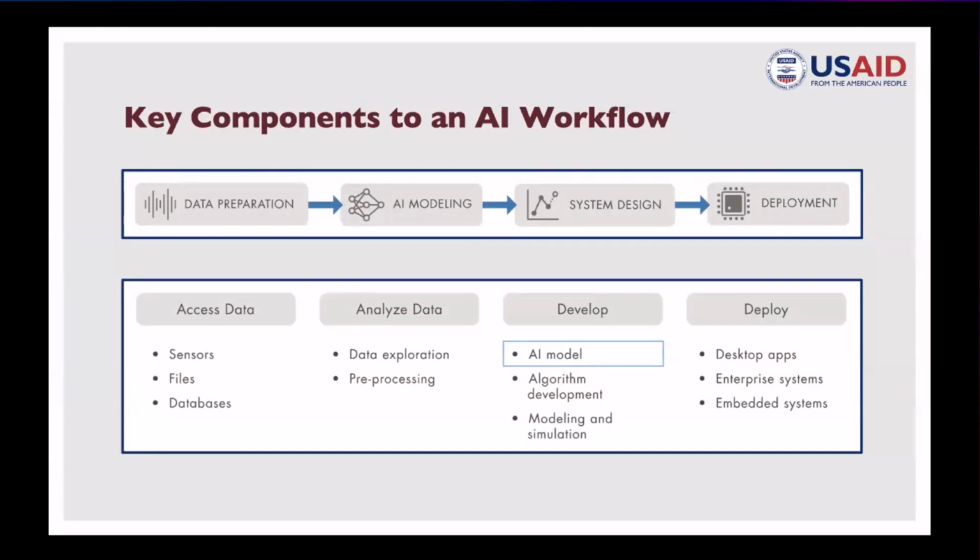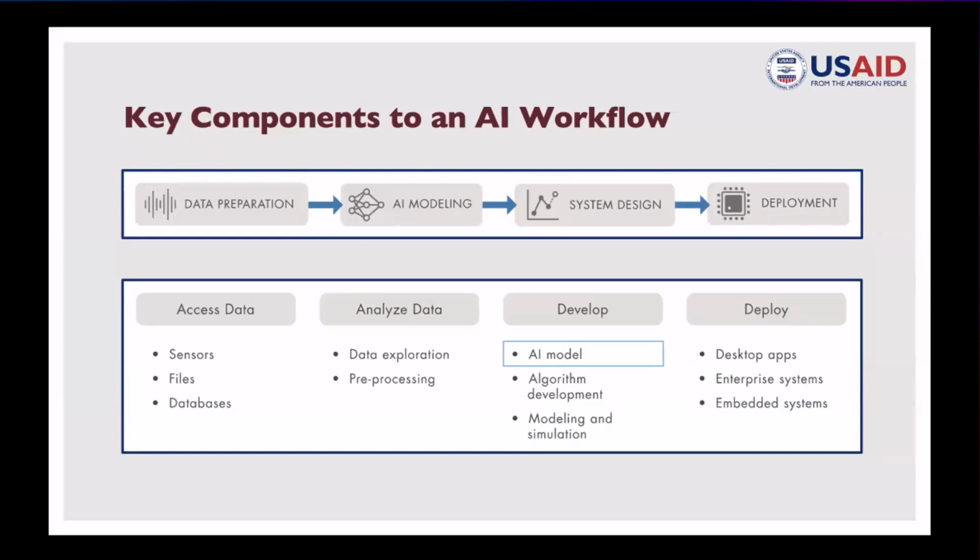Now, let's try to understand what is the workflow being used by AI. So there are several key components in the AI workflow, and it's basically composed of data preparation, modeling, system design, and finally deployment. So let's try to go through each of these key components.